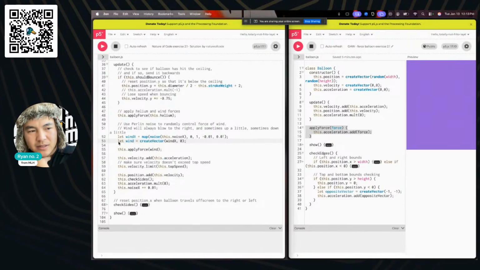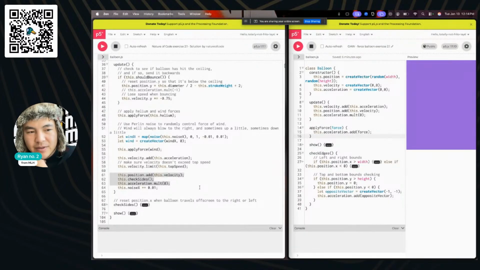Okay, and then create a vector using the winds, and then with no y component. That makes sense, because otherwise it'd be pushing more and more up. Okay, and then we just apply the force there. Then velocity.add acceleration, velocity.limit. So I guess we should have kept the limit function here.